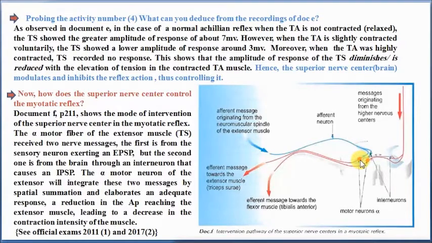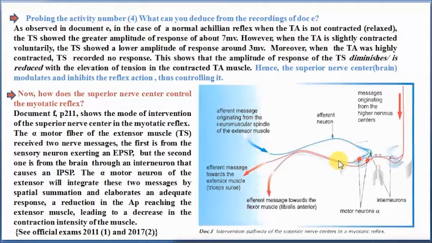Now, as the excitatory message in this case is slightly more important than the inhibitory one, it will cause the generation of action potential here, but of lower frequency than in the first case when the TA was not contracted at all and the brain was not intervening at all.